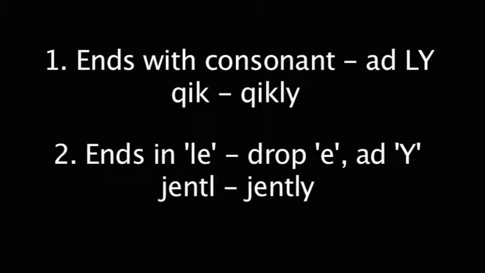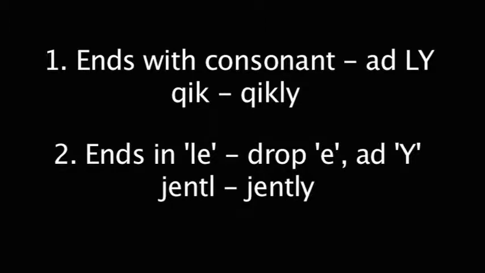And remember that there were some words that spelled things a little bit differently. So let's review quickly what those rules are for the spelling changes. Number 1, if the adjective ends in a consonant, just add ly. So quick becomes quickly. Second, if the adjective ends in le, drop the e and add y.